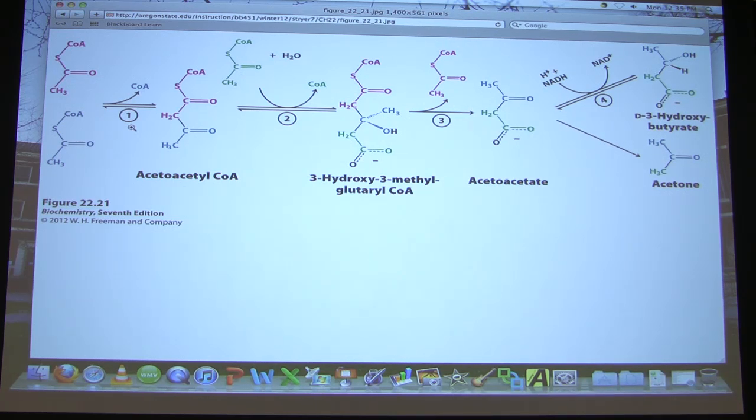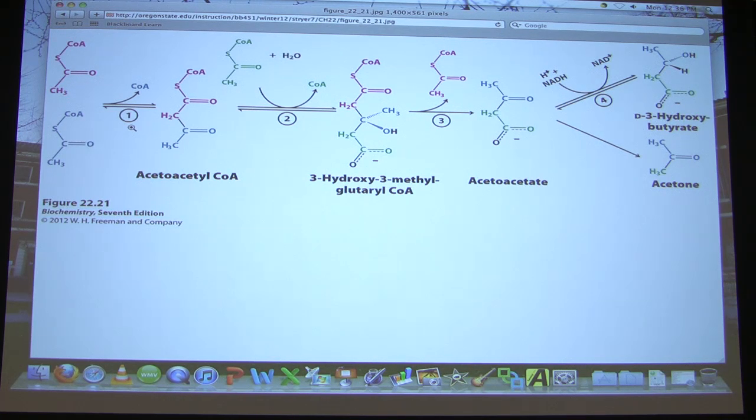Okay? It is a ketone, as you note. We see that acetoacetate has 2 possible fates, one that's useful and one that's not. The useful fate is shown going up because that's a reduction, and that reduction creates a molecule called D-3-hydroxybutyrate, or you can just call it hydroxybutyrate if you want.